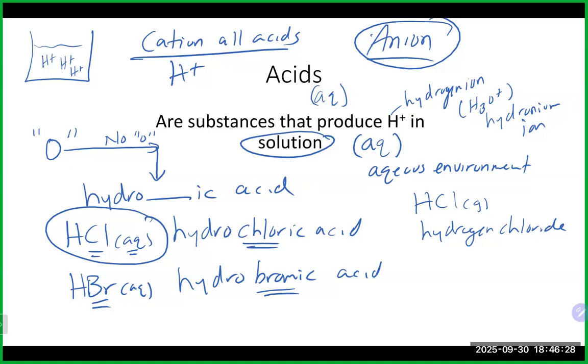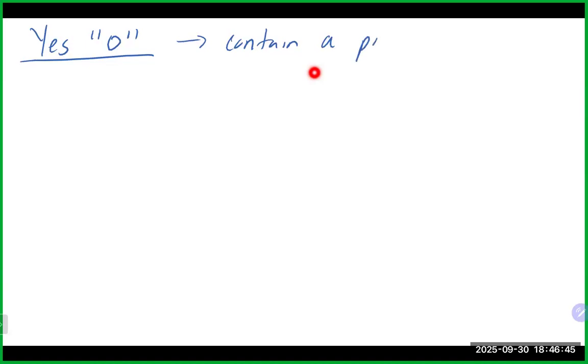Now, what happens if your acid does have oxygen? If the answer is yes to oxygen, it will typically contain a polyatomic ion. And as we just talked about, our polyatomic ions end in one of two ways, either ate or ite.